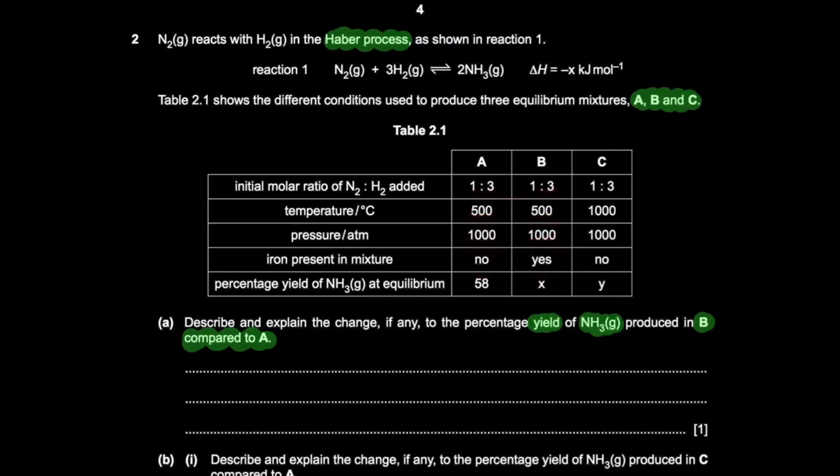Does the catalyst affect yield? No. A catalyst does not affect yield, which means that it only affects the rate. It's going to be produced faster, but you're going to get the same amount. So you can say that the yield will be 58% in B. Yield is unchanged, since a catalyst has no effect on the yield.